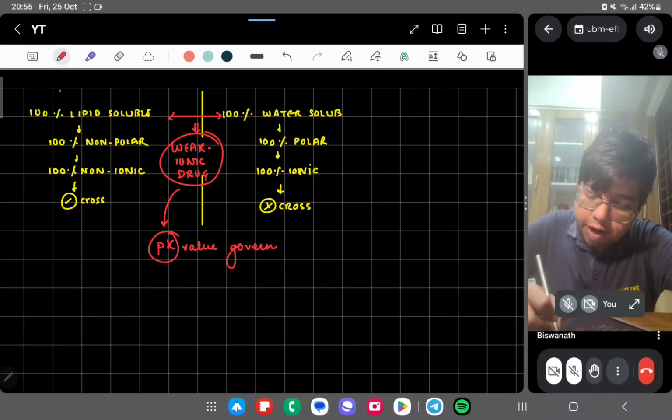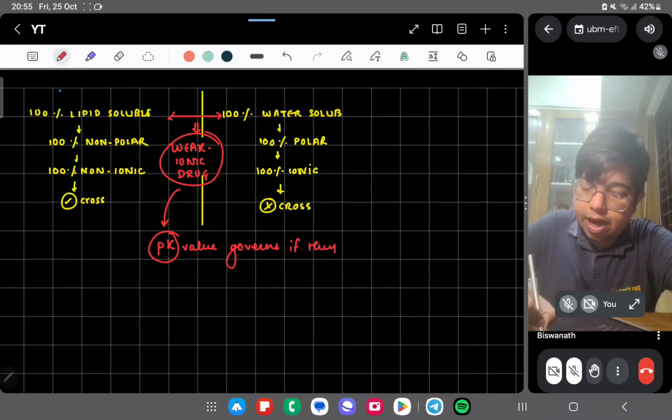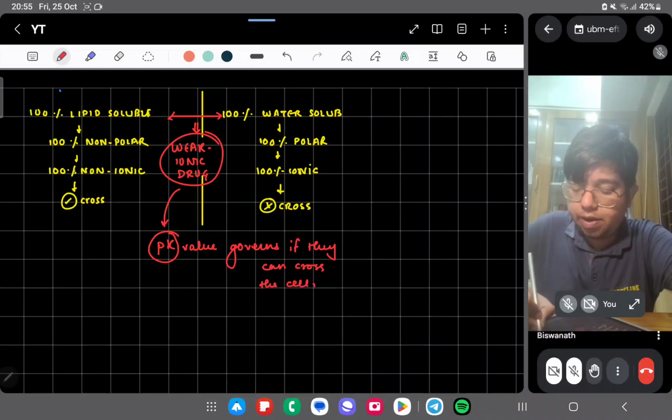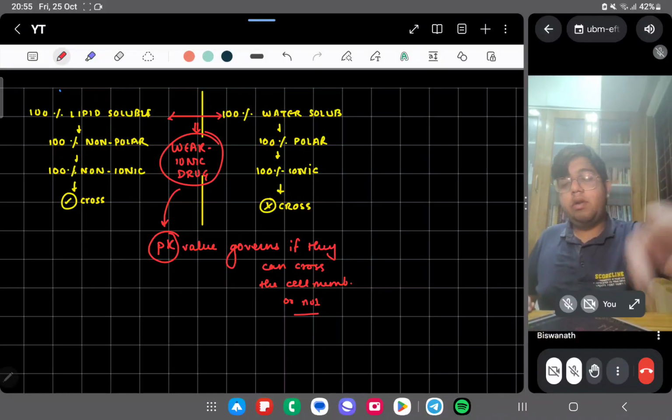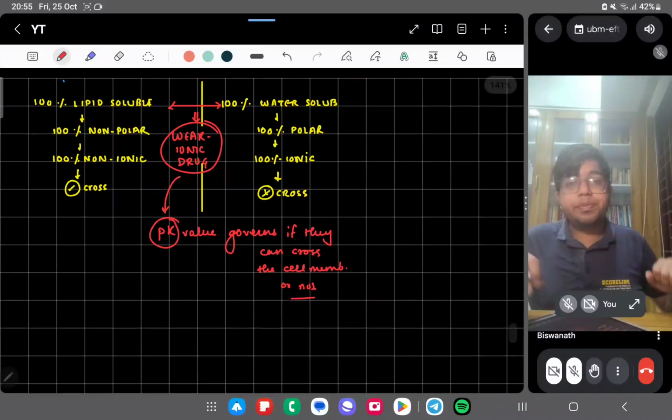The pK value governs if they can cross the cell membrane or not.